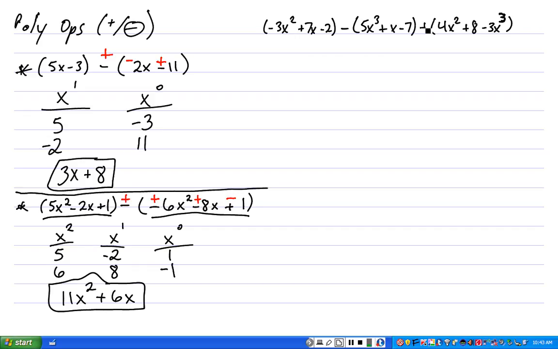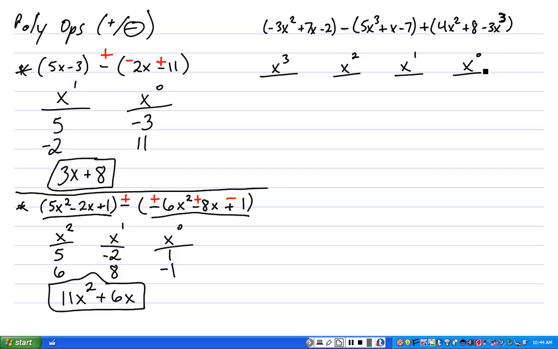In this case it's to the third. Our highest exponent is 3, so our highest degree is 3, since it's a single variable. So we're going to start with x to the third. Decreasing order or descending order says count down, so putting them in standard form calls for us to do this.